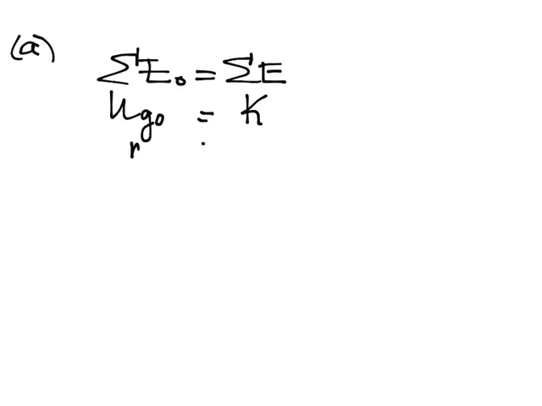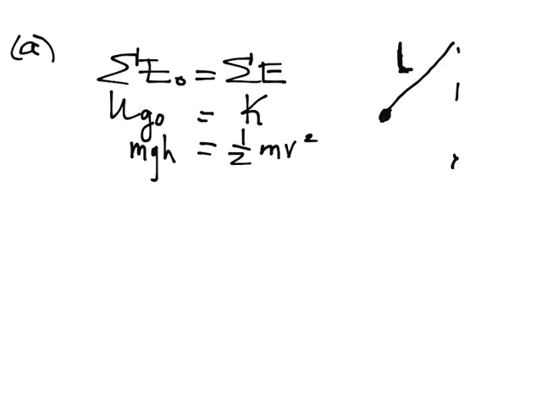So we have mgh equals 1/2 mv squared. The hard part is figuring out what h is going to be. Just like we did in a previous problem, we have a string with a certain length, right?